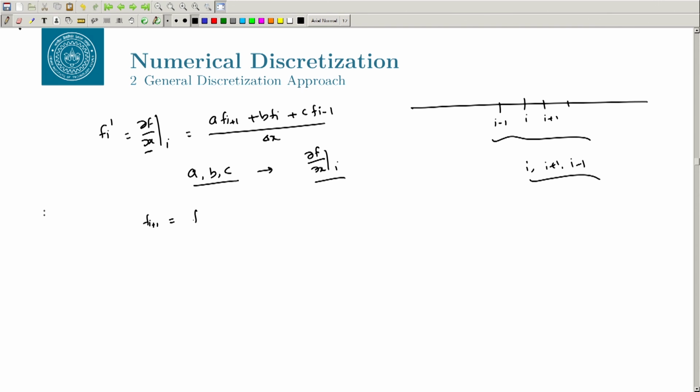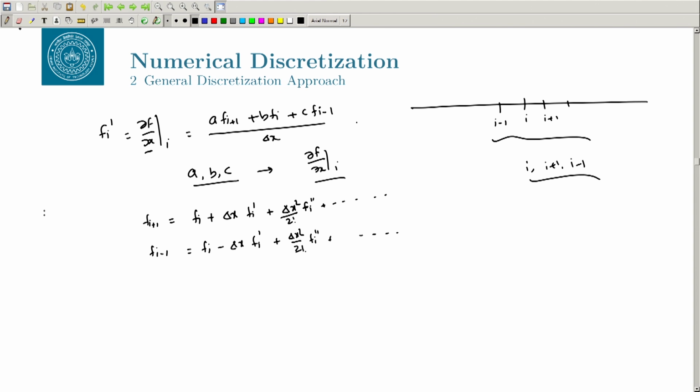So, this will become f i plus delta x f i prime, plus delta x square by factorial 2 f i double prime and so on and so forth. f i minus 1 is basically f i minus delta x f i prime plus delta x square by factorial 2 f i double prime and so on, right.